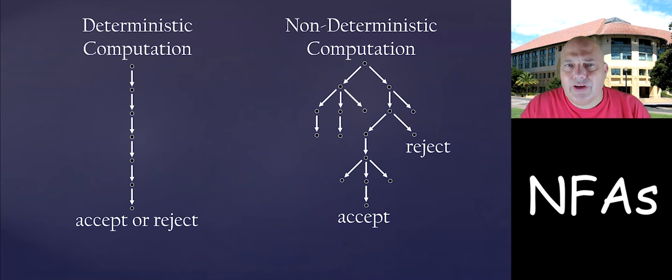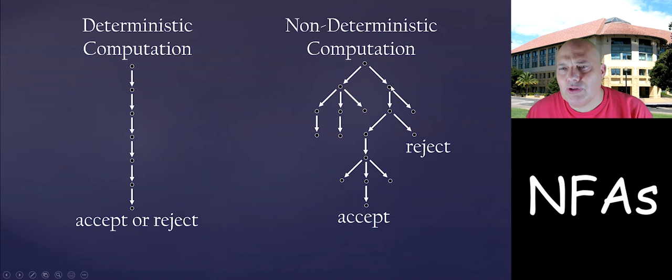So we have here two kinds of computations: a deterministic computation that has a single path it can take from the start state to either an accept state or a reject state. And we have non-deterministic computations that can be viewed as a tree.